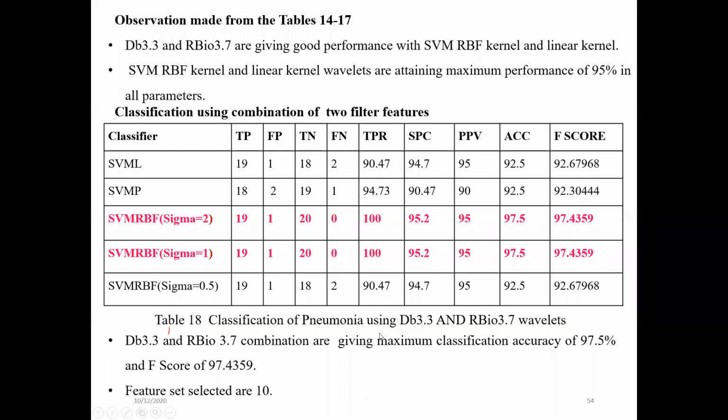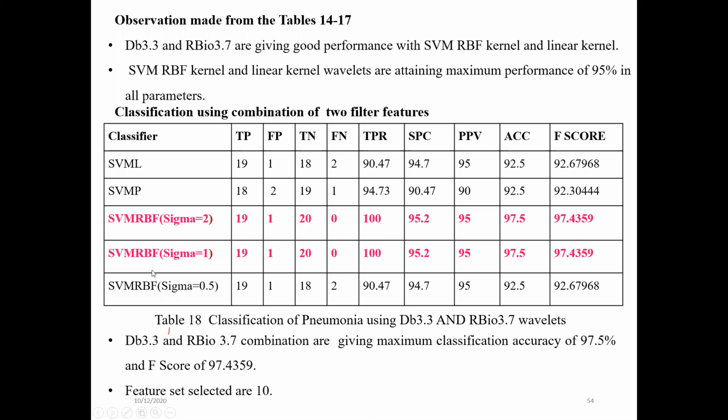And here table 18 is using dB 3.3 and reverse biorthogonal 3.7 wavelet. And the dB 3.3 and RBIO 3.7 combination is giving maximum classification accuracy of 97.5 and F score of 97.4359.